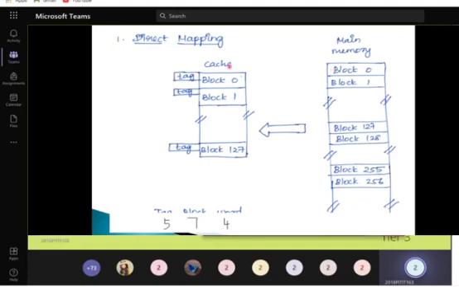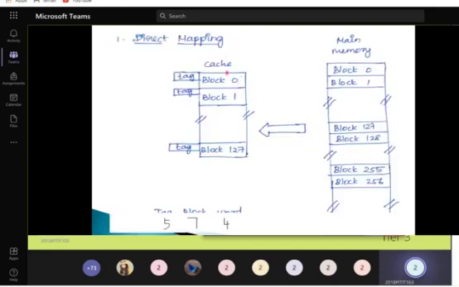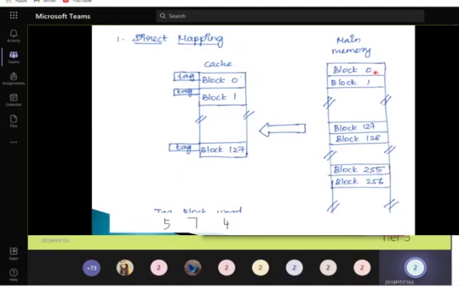So block 0, block 128, block 256, all of these will be stored in block 0 of the cache.